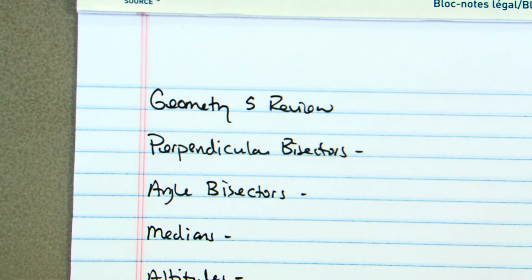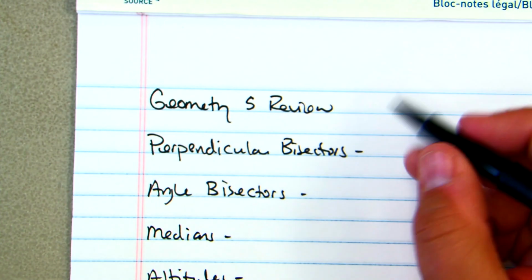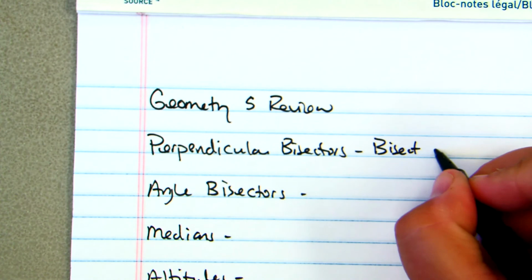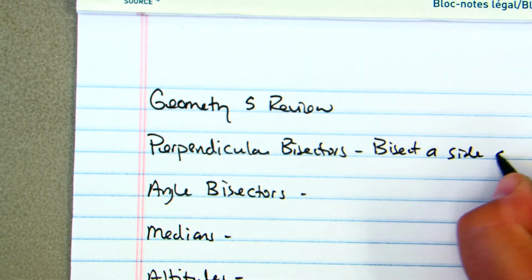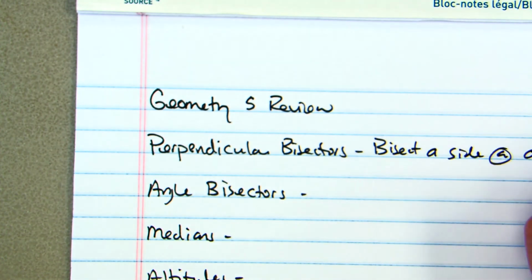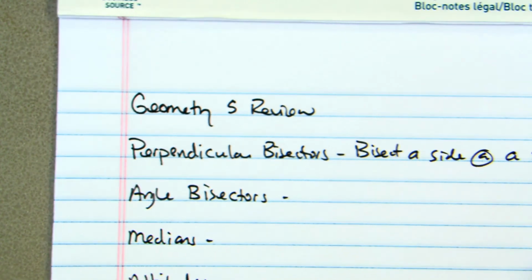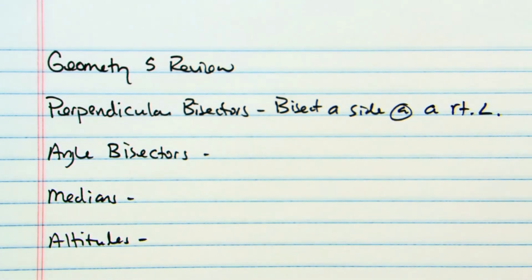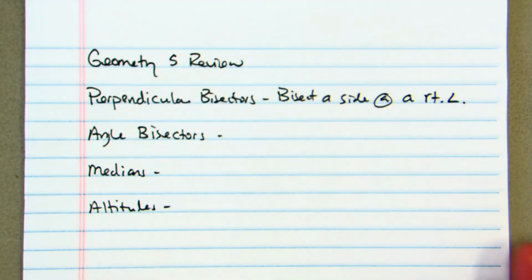Okay, perpendicular bisectors bisect a side at a right angle. They do not have to come from the vertex of a triangle. They can come from anywhere. They just have to bisect it at a right angle.